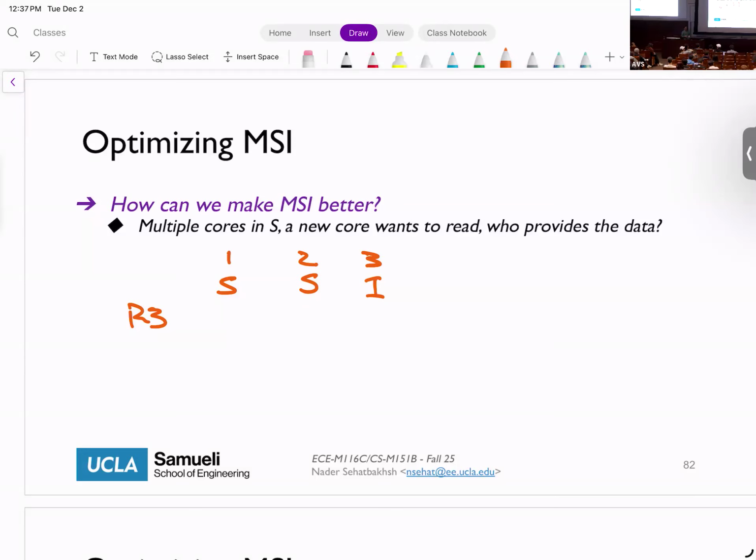That's very slow. The other option would be some form of round robin or first come first serve. Core 3 will broadcast its request, and whoever can provide the data the soonest provides it. So that could also be an option. To formalize this, we usually have a forwarding state in order to make sure which one is providing the data. This ensures some form of fairness, and we ensure that the traffic is actually distributed equally.